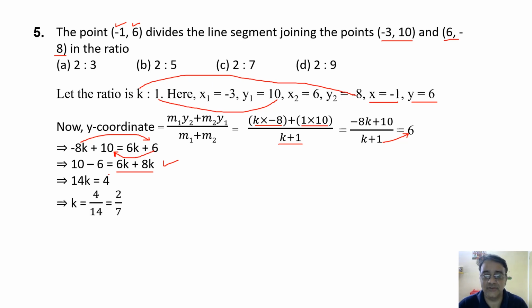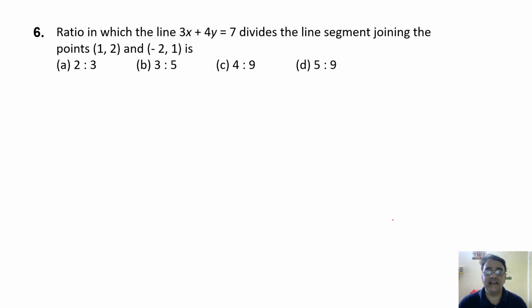Right, 2/7. So which is the correct option? Option C. Option C, right. So this is question number 5. Now we are moving toward question number 6. The ratio in which the line 3x plus 4y equals 7 divides the line segment joining the points 1, 2 and -2, 1.